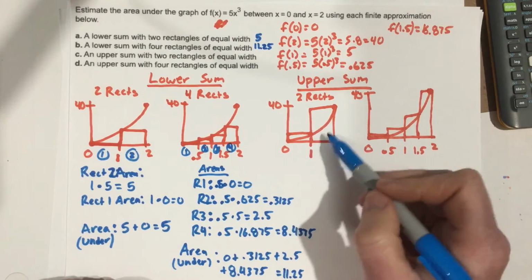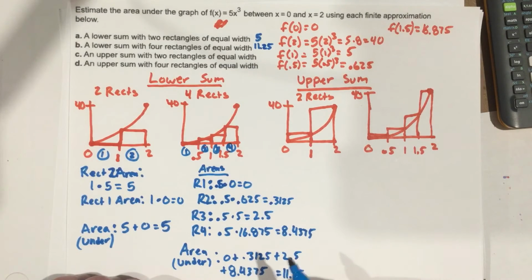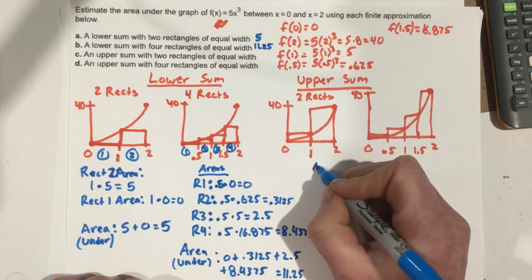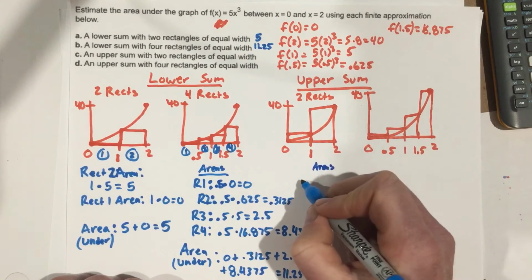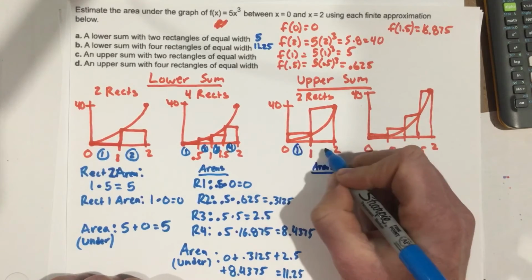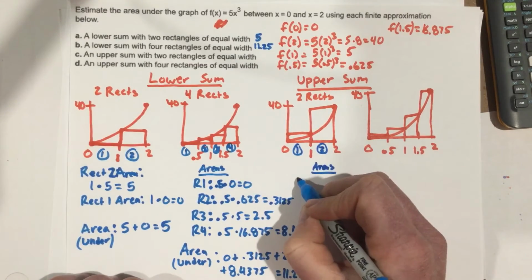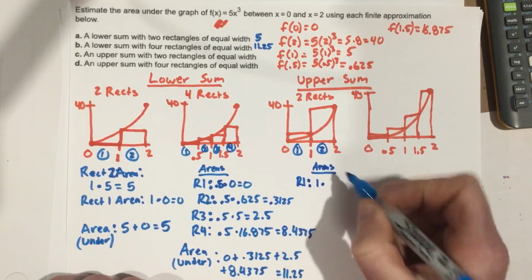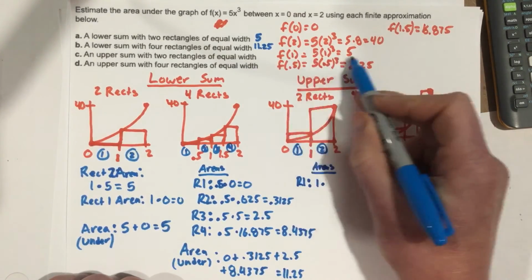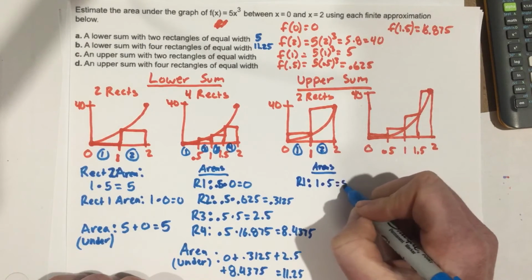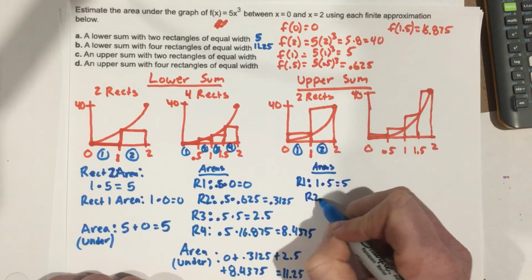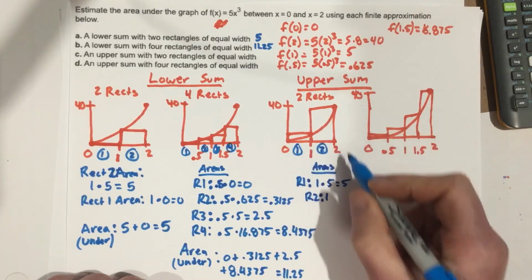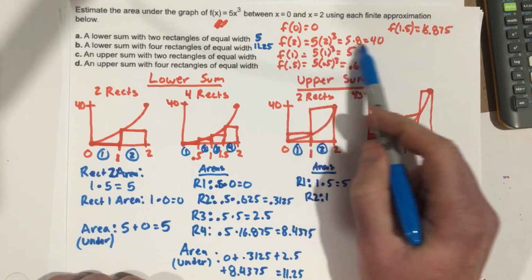Now these ones are going to be overestimates because these are the upper sums. So for this one here, we're going to say areas. And this is rectangle 1, and this is 2. So rectangle 1's area is going to be 1 times f of 1, which we know is 5. So that's just 5. Rectangle 2, width of 1, times f of 2, which we know f of 2 to be 40.